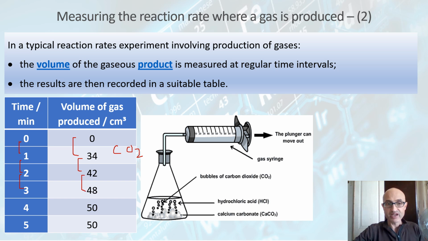Notice, this time it's 42 and 48, so it's 6 centimeters cubed produced in that minute of time. And once again, if I had to examine the third and the fourth minute, in that 1 minute, only 2 mils of gas are produced, and between the fourth and fifth minute, no gas volume at all has been produced, meaning that the reaction has now stopped.